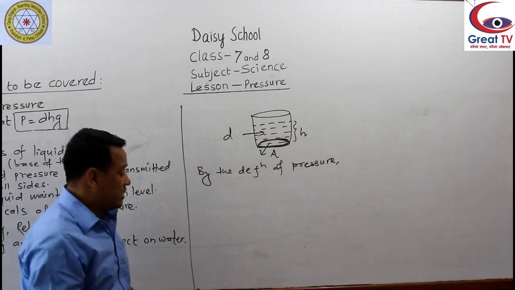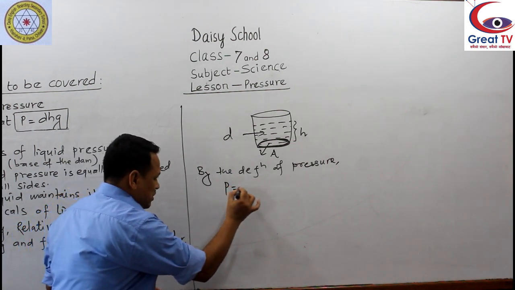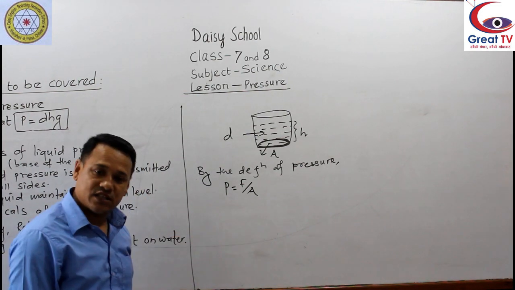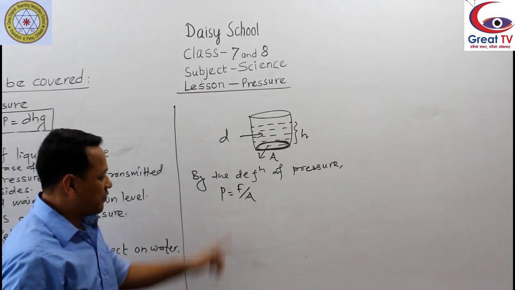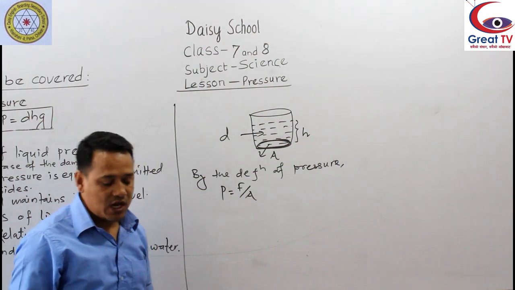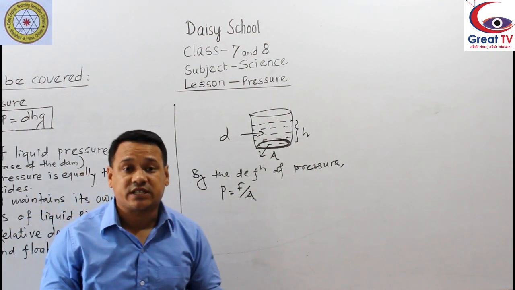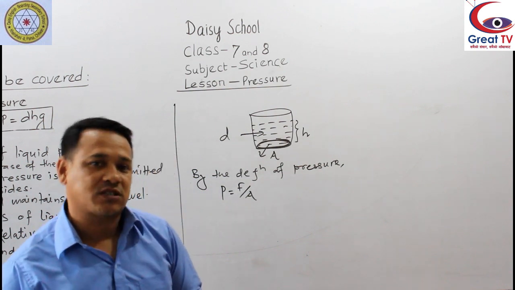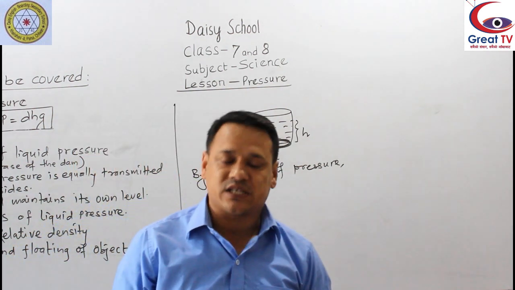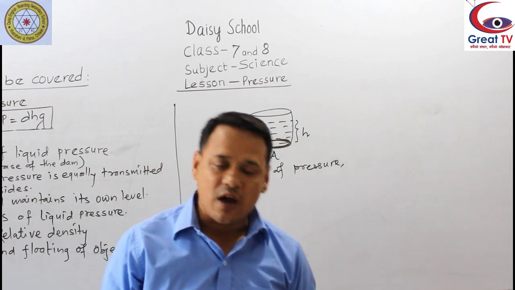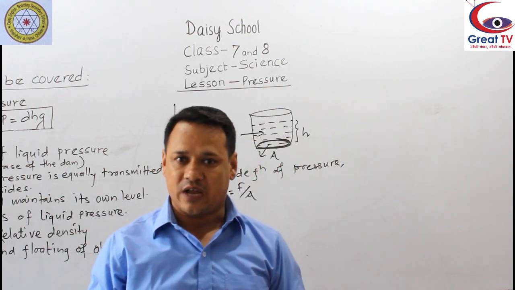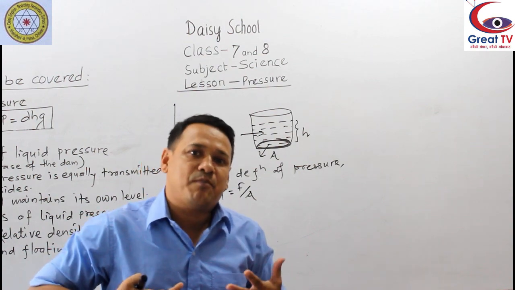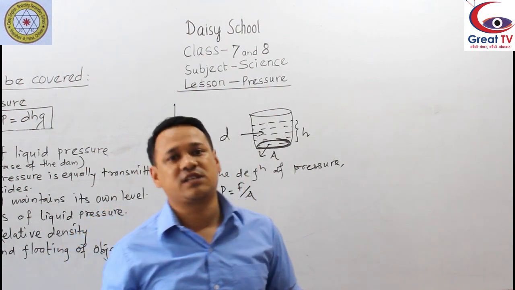we have already discussed P equals F by A. You know this relation, force per unit area. Force is the weight, and weight is the product of mass and acceleration due to gravity. The weight of my body means the mass of my body times acceleration due to gravity.